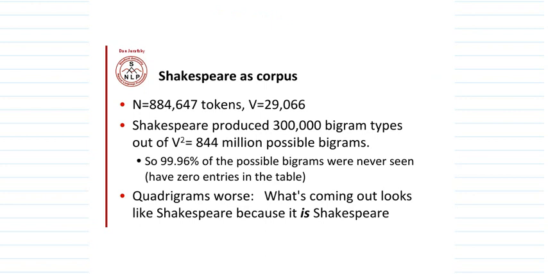So this is the size of the bigram matrix: 844 million is one side, either row or column length. Out of the 844 million, only about 300,000 bigrams appear, and the zeros will be around 99% of that whole matrix, right?